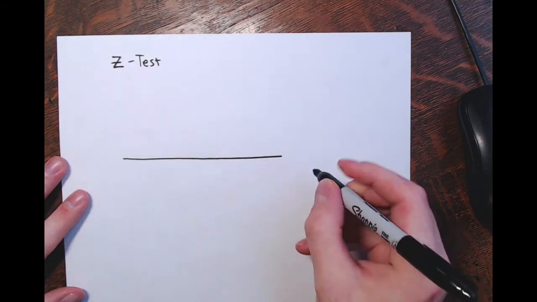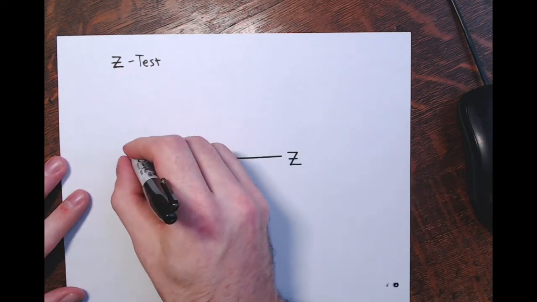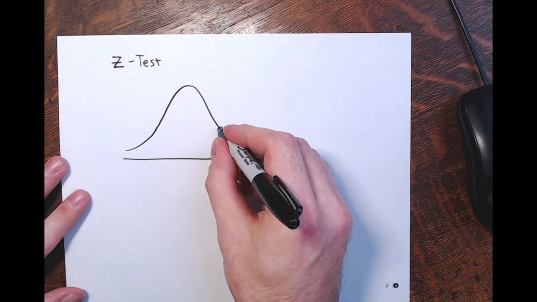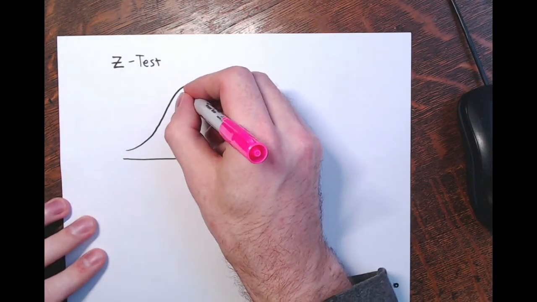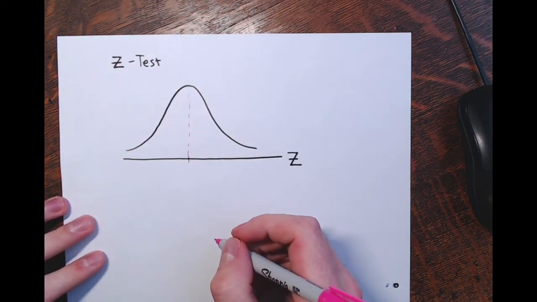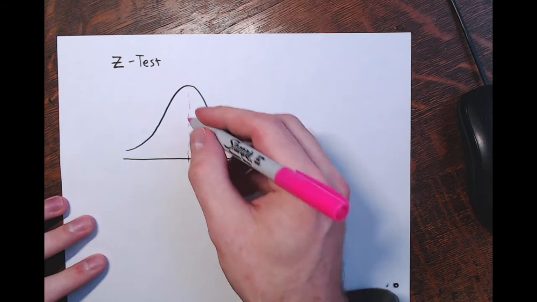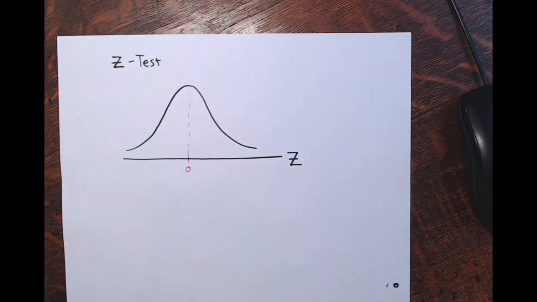You end up looking at the standard normal curve, so z-scores, a bell-shaped symmetrical distribution. Underneath the peak is the z-score of the mean, which was 560. You would assume the mean was 560, and that would have a z-score of 0.